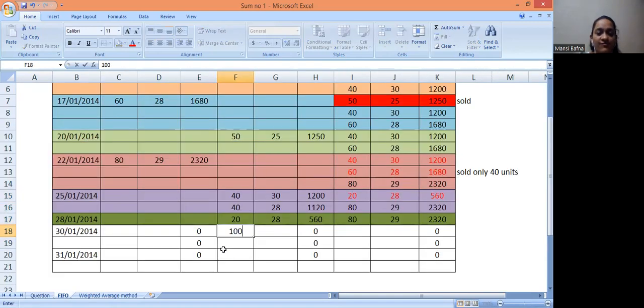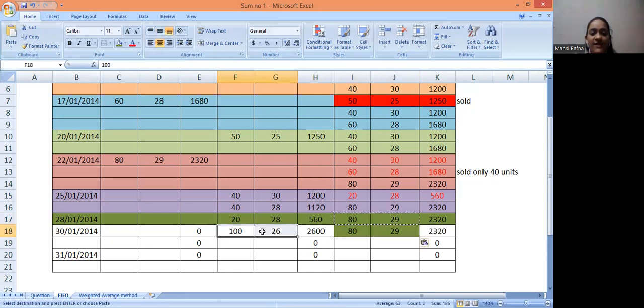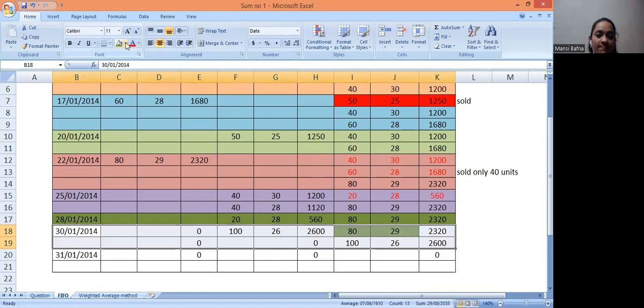So I will write 100 over here at the rate rupees 26. So that will give me 2600. Now my stock will be these 80 units will come down as it is. This is not touched. In addition to that, we have these 100 units which will come down as it is. So the transaction of 30th of January will be completed in this manner.